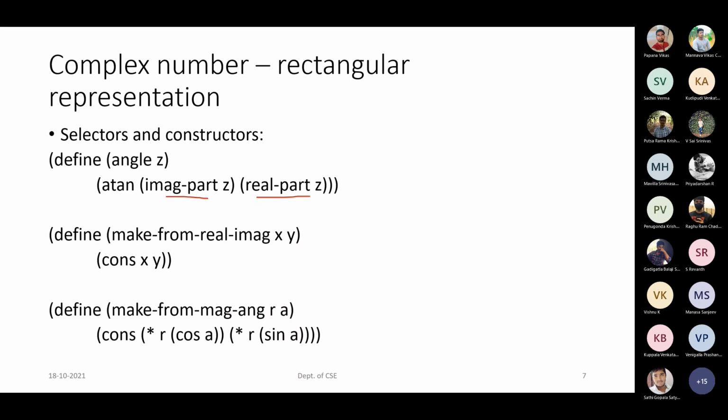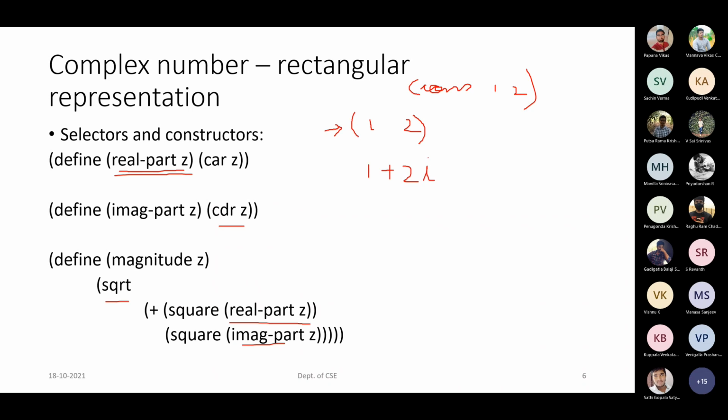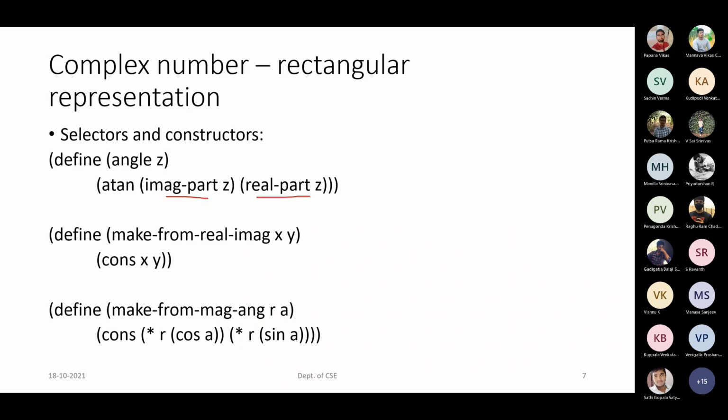It is either the first part or the second part of our complex number. So I can call these four procedures the selectors, because either it will be selecting the first part of our complex number or the second part of our complex number.